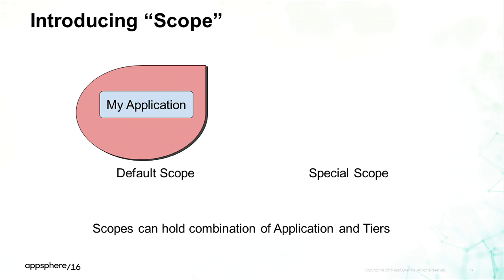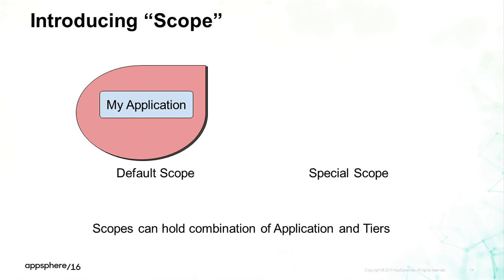Adam talked about it a little bit at the keynote yesterday. We are introducing the concept of scopes and rules all through the product slowly, and it kind of has started with license management. We are introducing that in transaction detection configuration, and we'll roll this out into multiple different areas going forward.